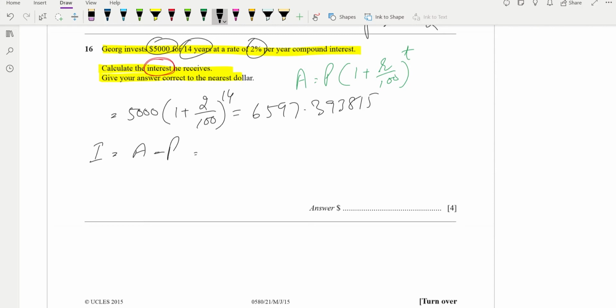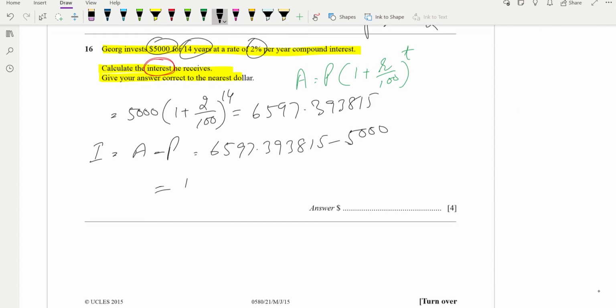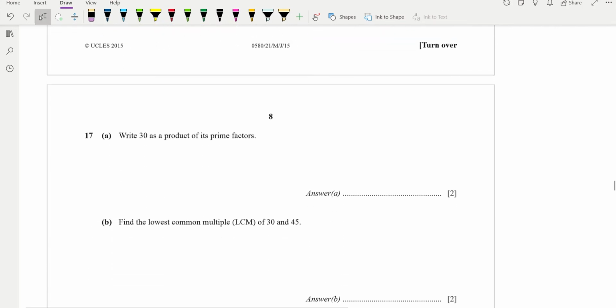So the amount which we have calculated over here is 6597.393815 minus the principal amount, which is 5000, and this will be equal to 1597.39, and we have to give the answer to the nearest dollar, so it will be $1597. Hopefully you understood this question as well.